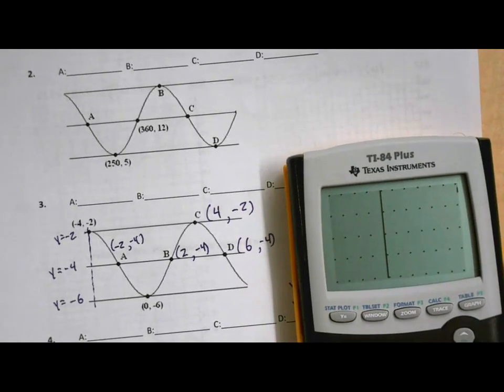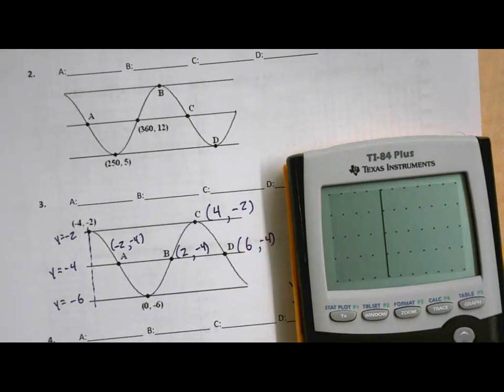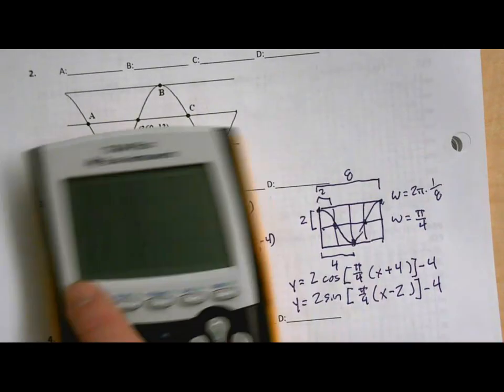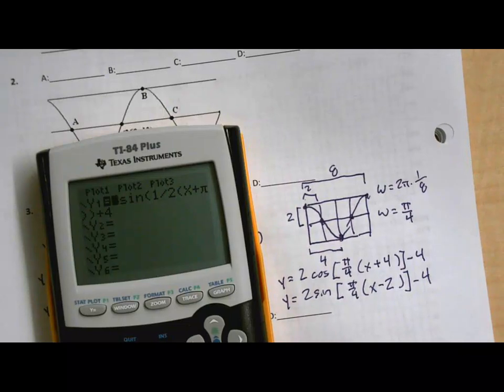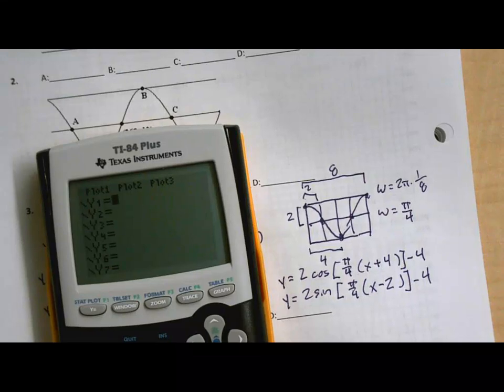And hopeful that we're seeing, oops, what happened? Oh, I didn't type my equation in yet. Okay, I'm seeing nothing. That's all right. I'm going to put both equations in and hope that they overlap each other.